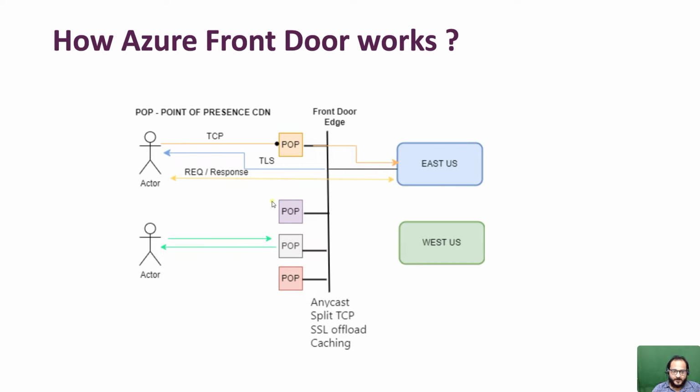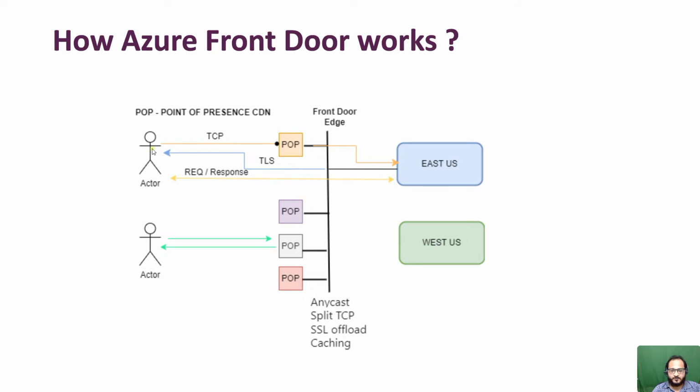It will go to the point of presence. These are network servers, a lot of servers Microsoft deployed in many geographic locations to cache your content. So it will request these nearest servers, and the content will be cached here, and it will get a response. So you can see the latency here is reduced.